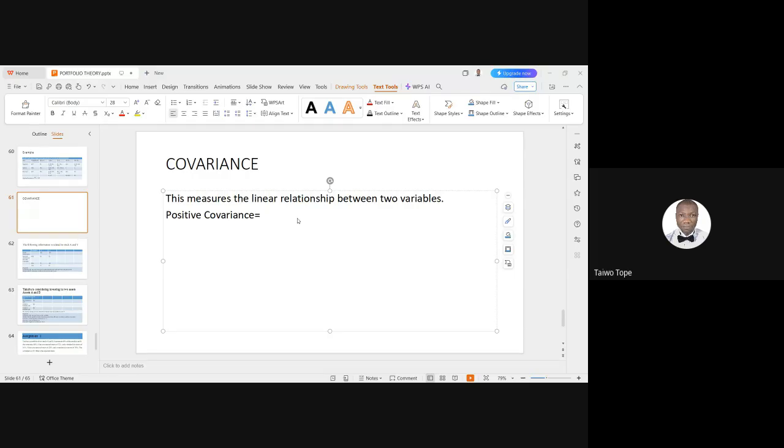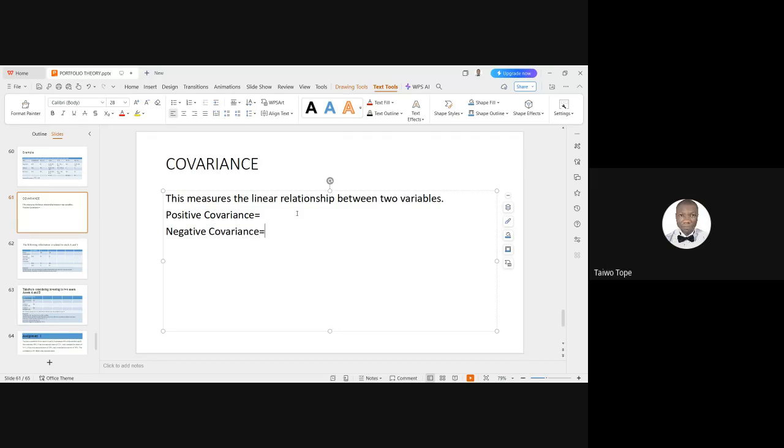Now, when we talk about negative covariance, what do we refer to? When we talk about negative covariance, where one investment is negative, the other one is positive.